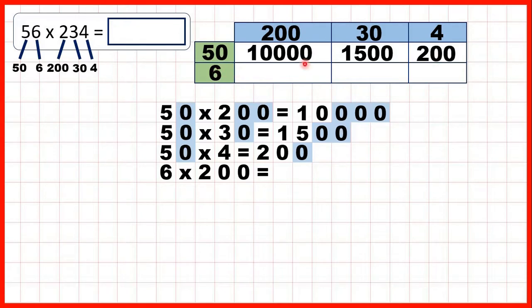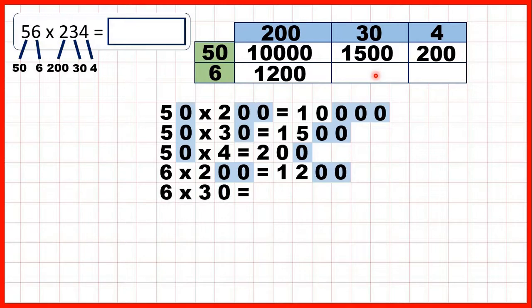Here we have 6 times 200, which is 1,200, because 6 times 2 is 12, and then we need 2 end zeros. Here we have 6 times 30, so that's 180, because 6 times 3 is 18, and then we need 1 end zero. And finally, we have 6 times 4, which is 24.